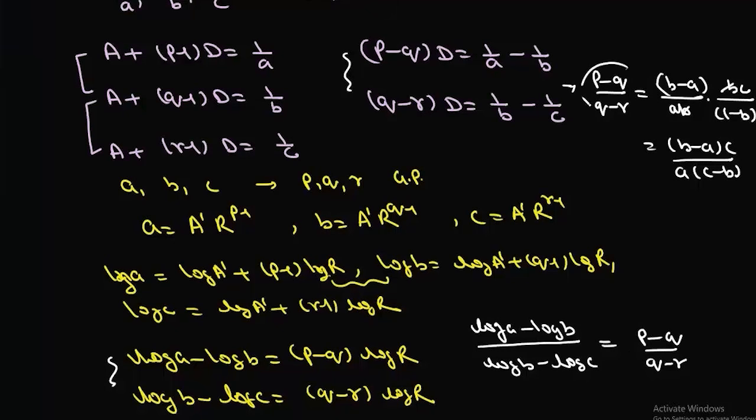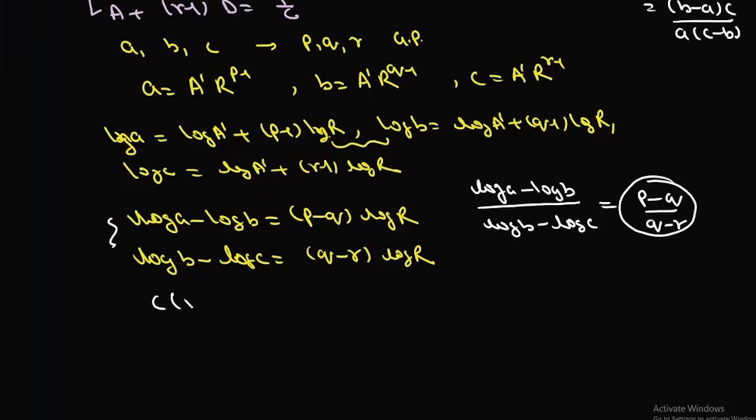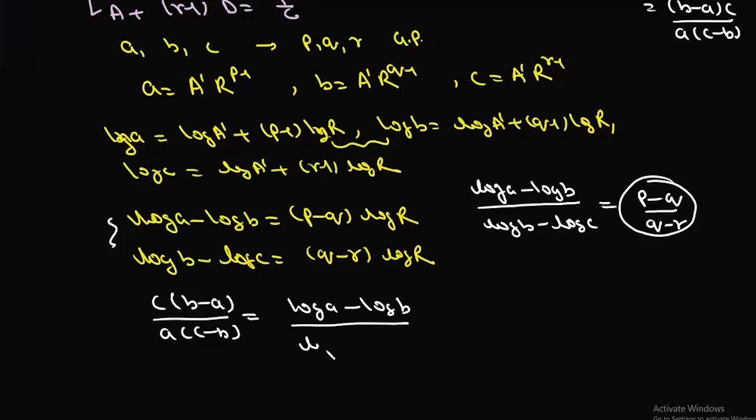Now if we equate these two, we can write c into (b minus a) upon a into (c minus b) will be equal to (log a minus log b) upon (log b minus log c).